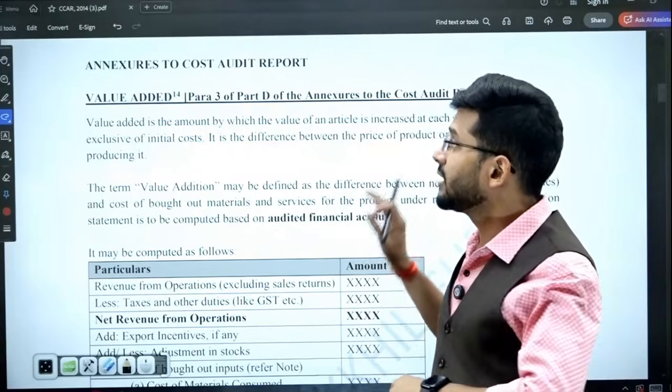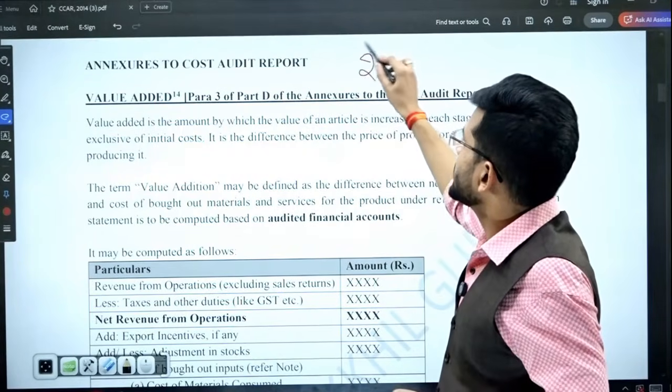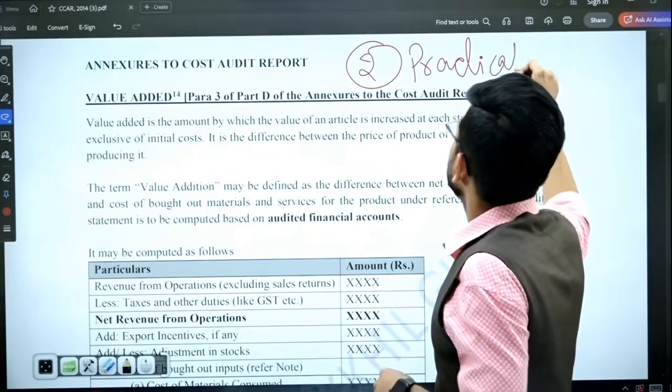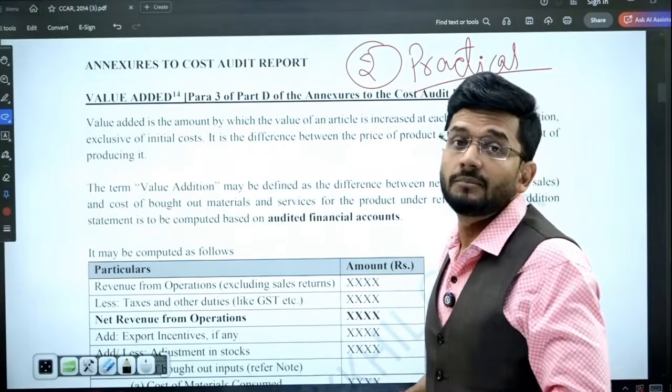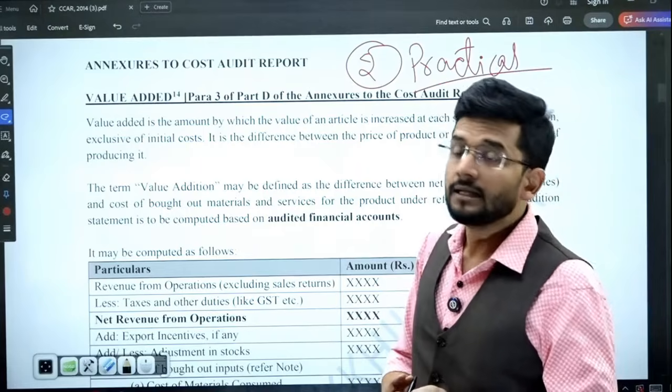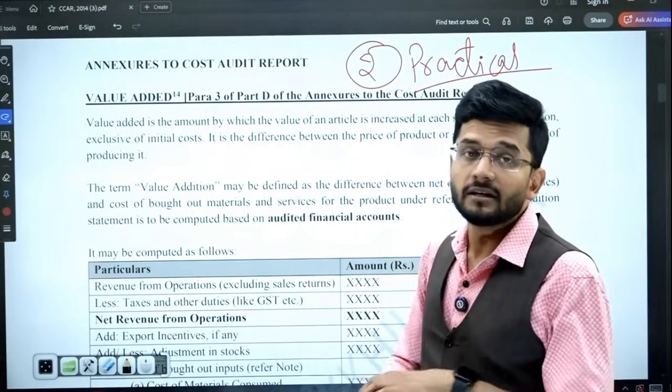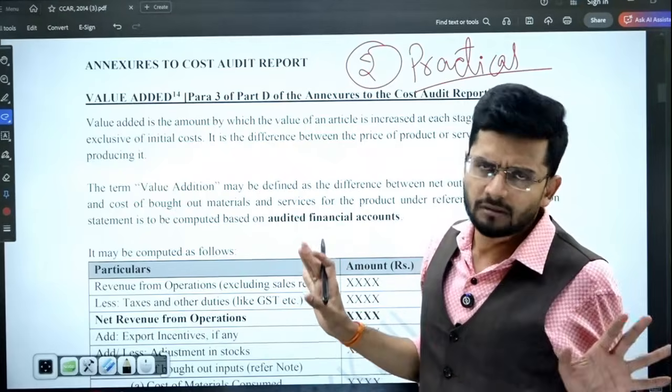Now we start 2 important practical questions that can come in your examination. Although there are other practical questions from this chapter that can come in your examination, like capital employed, and how to compute ratios, proprietary ratio, profitability ratio, etc., they are quite simple.